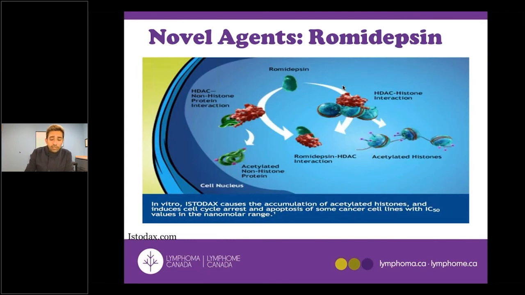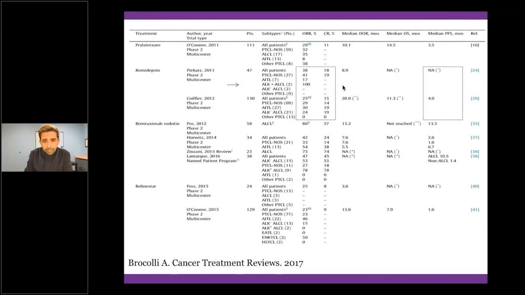Other agent that we commonly use in the relapse setting is agents like romidepsin, which we call an HDAC inhibitor. And again, it interferes with DNA synthesis, and hence it may affect cancer cells. So again, if you look at this box here, these are a couple of studies that looked at giving romidepsin to patients with T cell lymphoma when they relapsed.